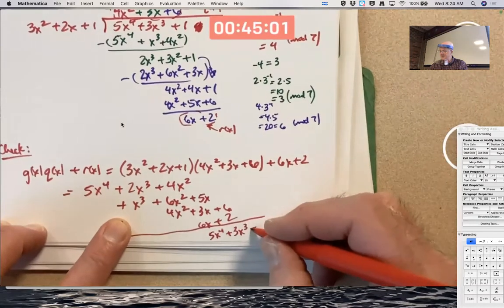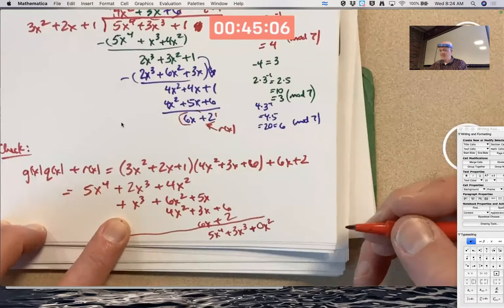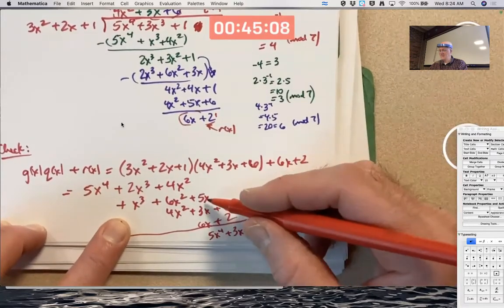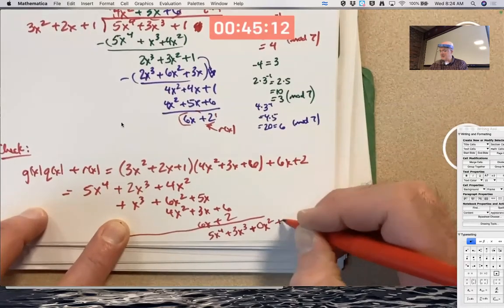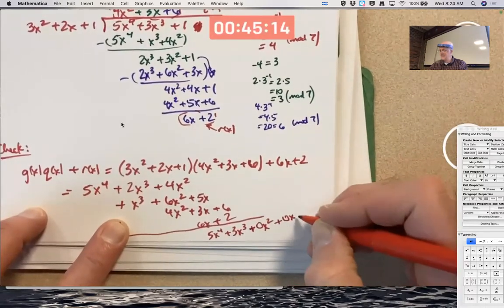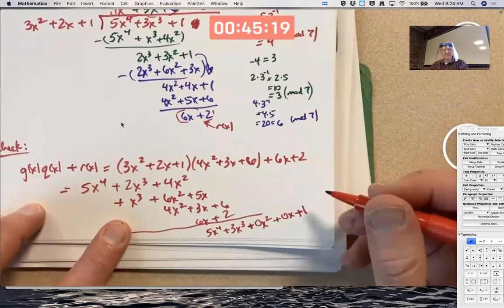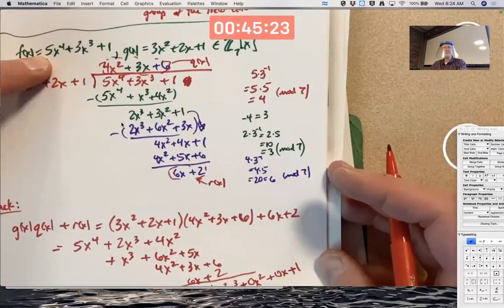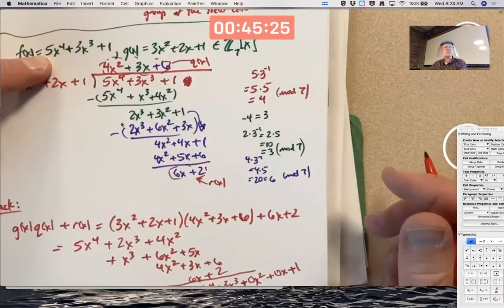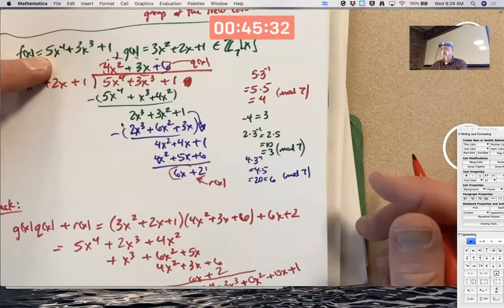I'll go ahead and write it as 0x squared, which is okay to do. x terms is 5 plus 3 plus 6 is 14. 14 mod 7 is still 0. And then we got plus 8. 8 mod 7 is 1. 5x to the 4th plus 3x cubed plus 1. It worked. Fun, fun, fun. Kind of fun, I think.